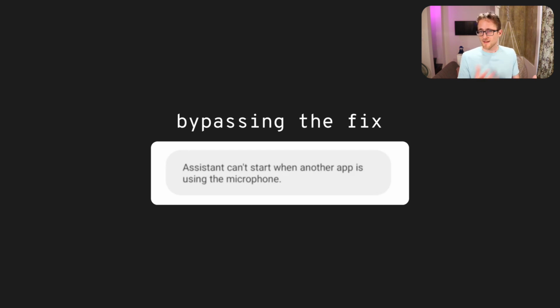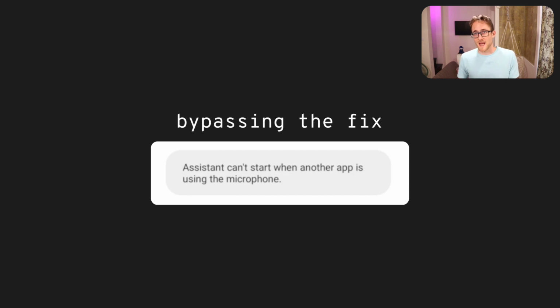And turns out yes, but there was some weird protections that made it harder. So now if my site started to play the audio, Assistant gave me an error message saying Assistant can't start when another app is using the microphone, which is a weird error message, but it kind of worked. So I found a way to trick this.